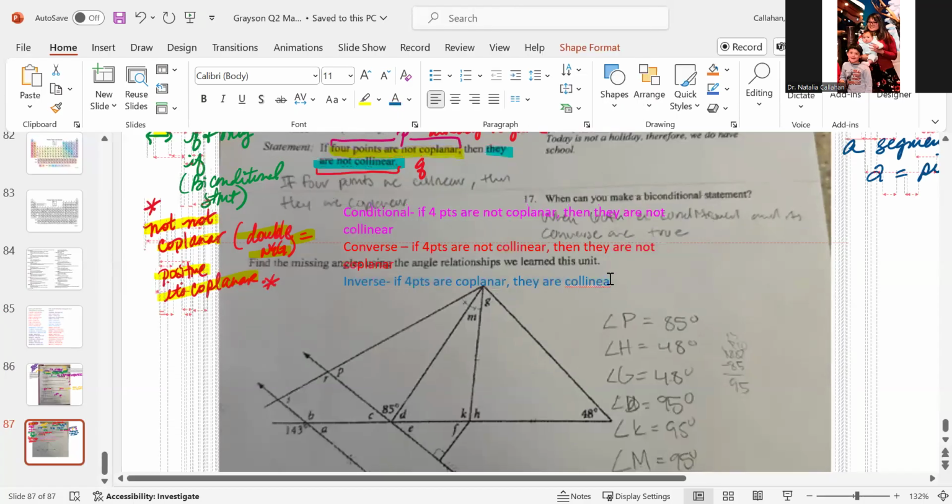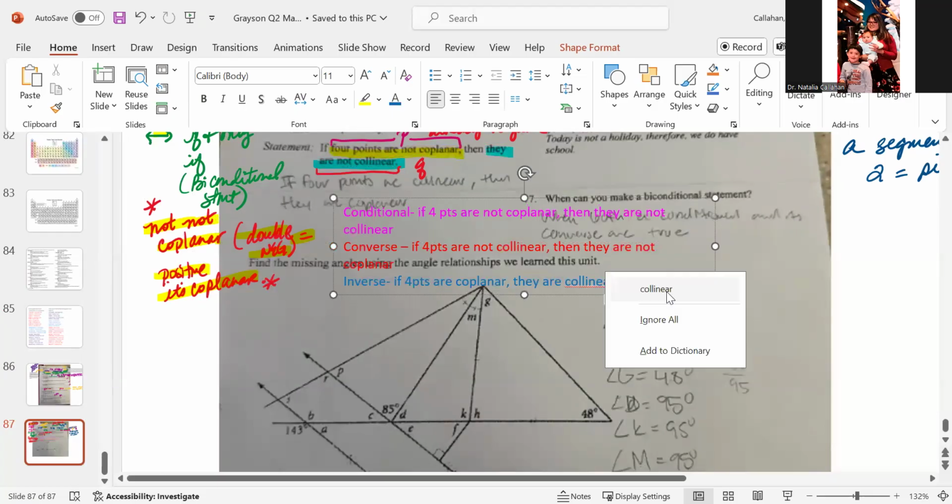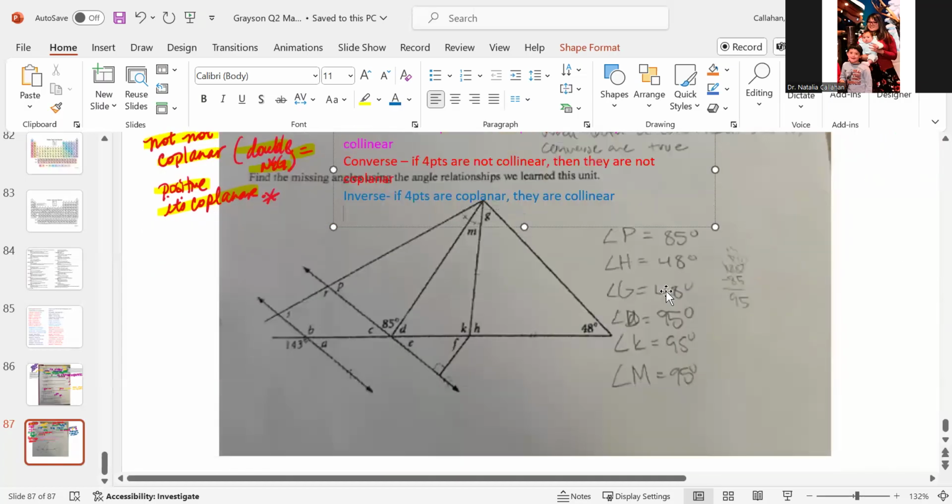Last one. What's the last one? Contrapositive. Yeah, contrapositive is what? Give me the statement. If not Q, then not P. Yeah, it's like the inverse, but just backwards, right? Or it is like the converse, which is backwards already, but you just need to put a negative to it, right?